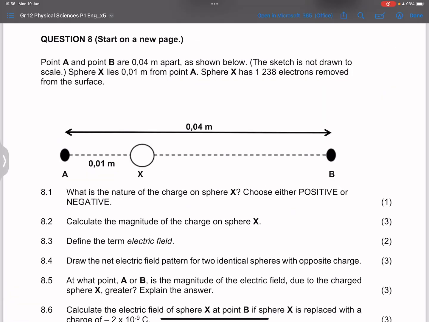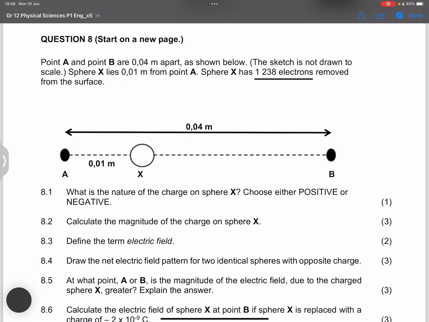And on to question 8, they say we've got points A and B that are 0.04 meters apart, as shown below. They say the sketch is drawn and not to scale. Sphere X lies 0.01 meters from point A, and sphere X has 1,238 electrons removed from the surface.